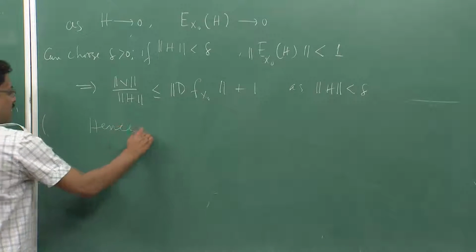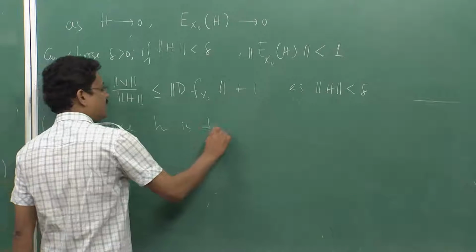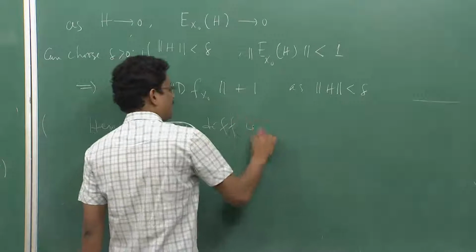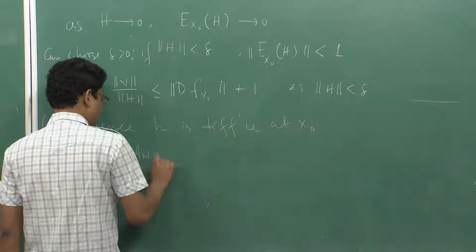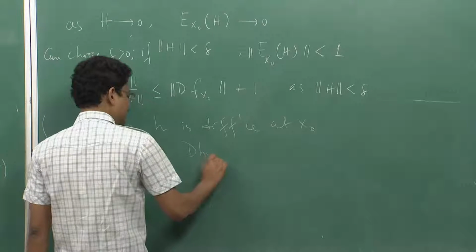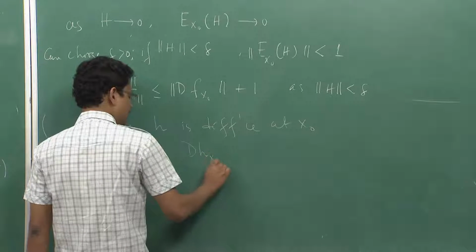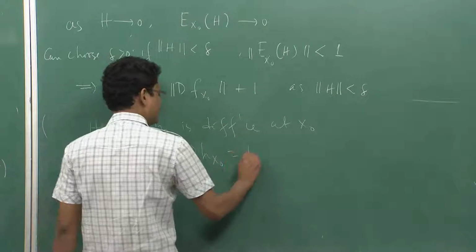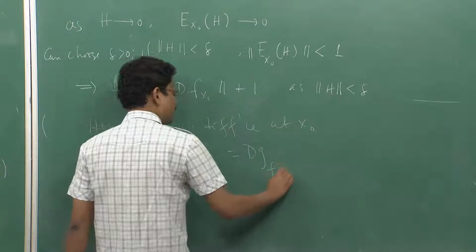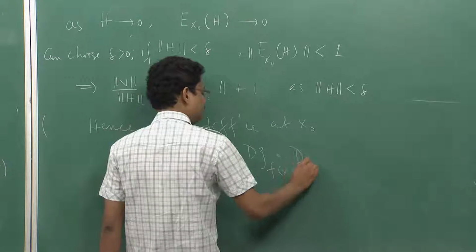So, hence h is again differentiable at x naught and dh at x naught is equal to dg composed with df, the composition of these two operators.